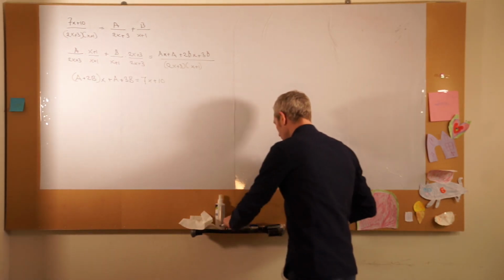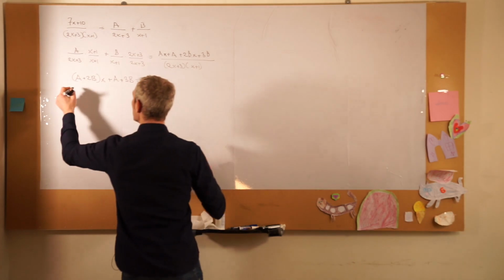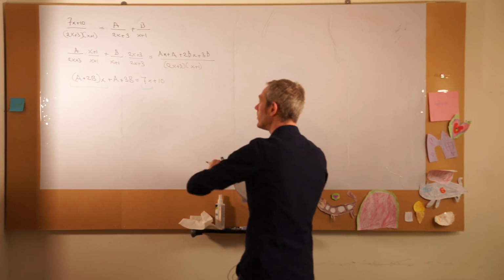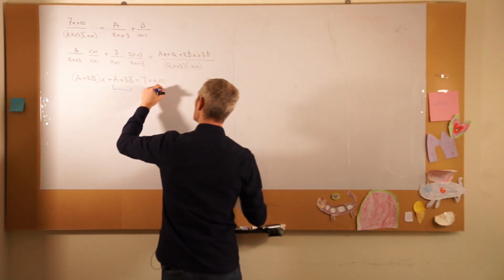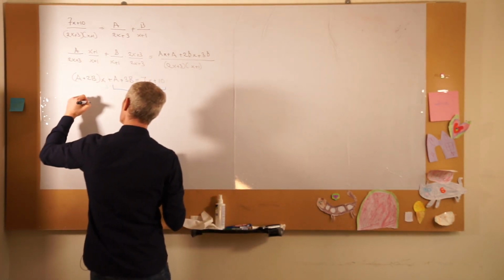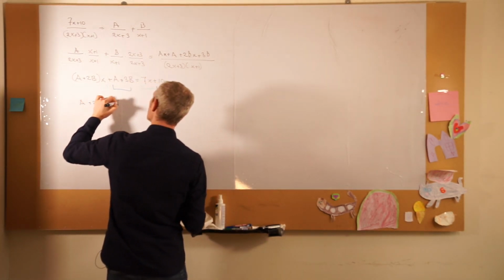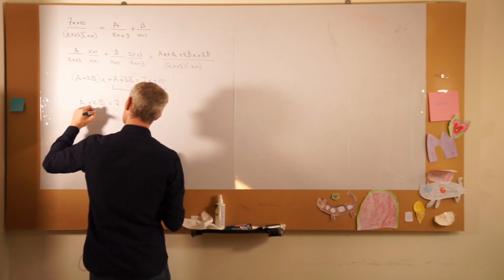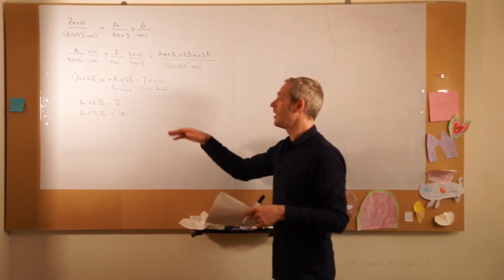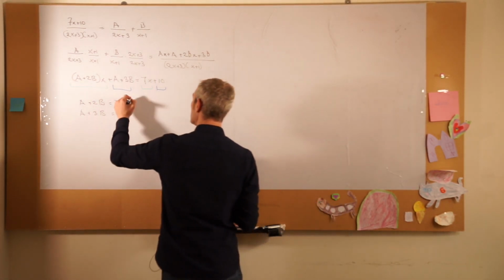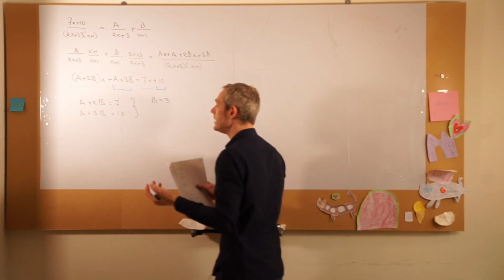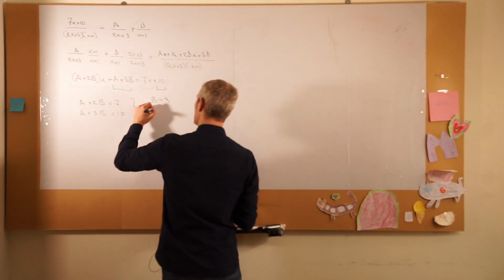This gives us 2 equations, one where we look at the terms with an x, and one when we look at the constant term, and we can rewrite that as a + 2b = 7 and a + 3b = 10. Now if we subtract the first equation from the second equation, we'll get b = 3, and if b = 3, then a must equal 1.